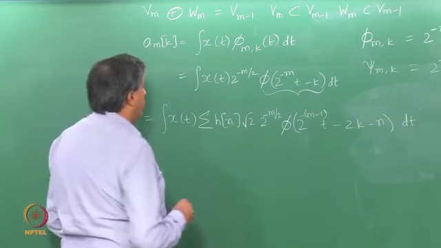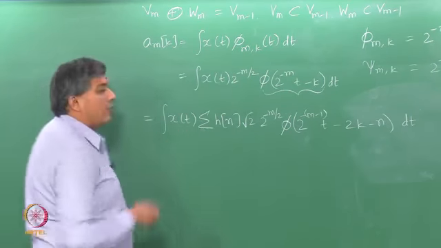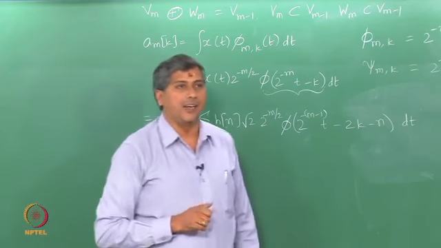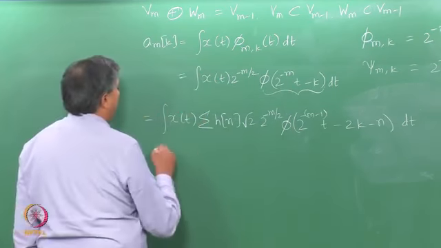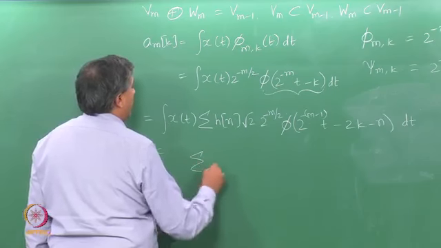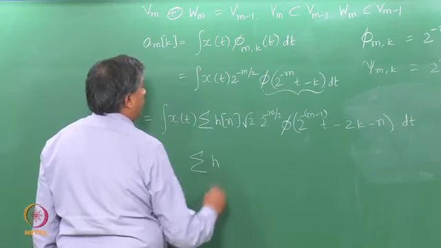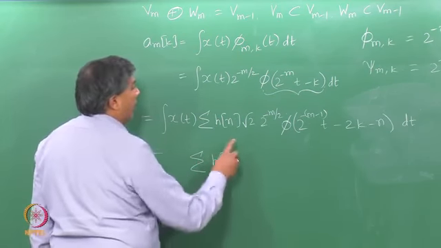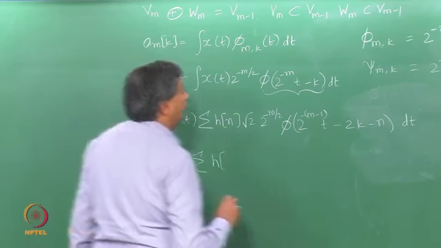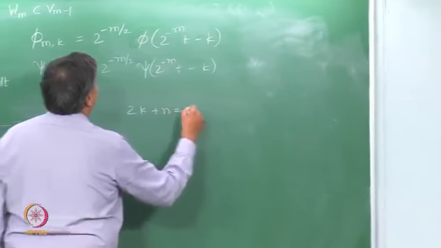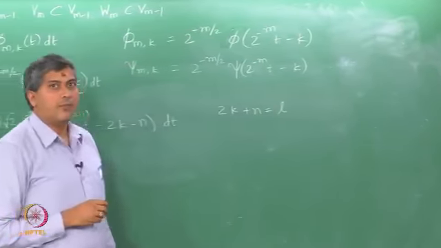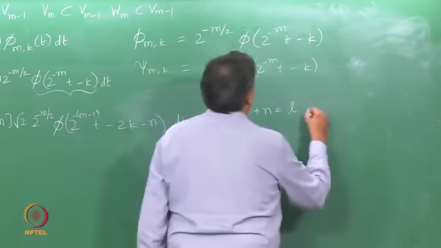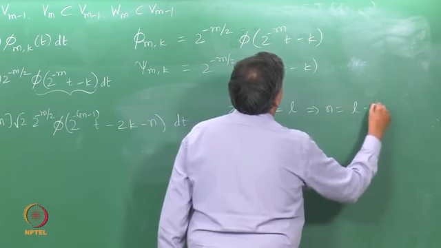Now, what we shall do is first interchange the order of summation and the integral, right. So, when I do that I get sigma h of n, and an additional step that we shall do is we shall call this 2k plus n as some L, so that I realize n is L minus 2k.